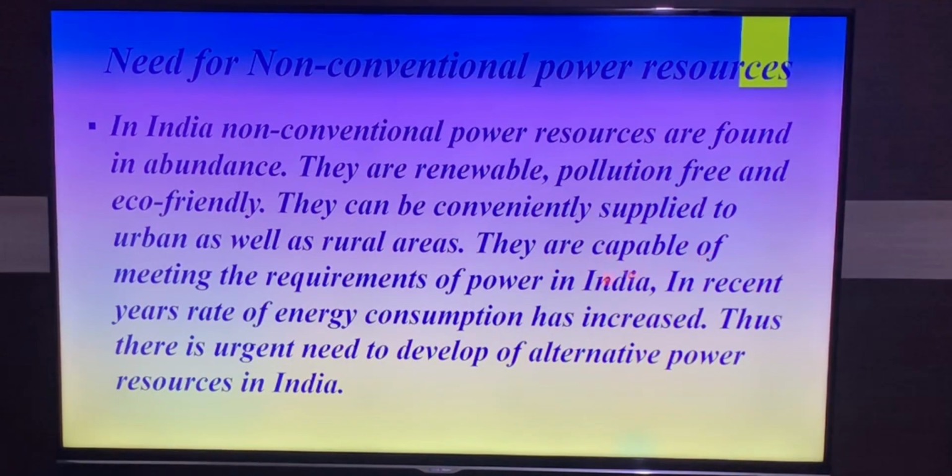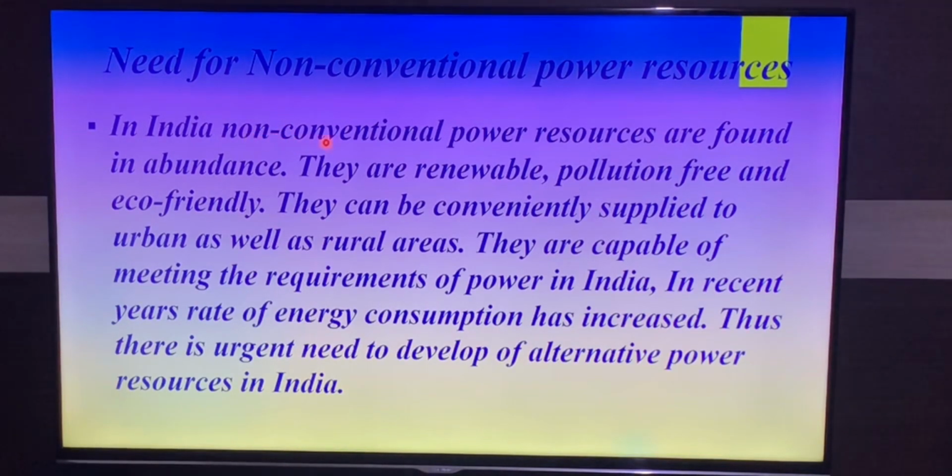They are capable of meeting the requirements of power in India. In recent years, the rate of energy consumption has increased and thus there is an urgent need to develop alternative power resources in India.